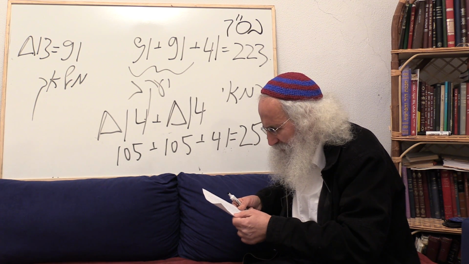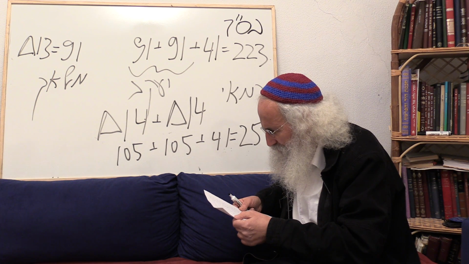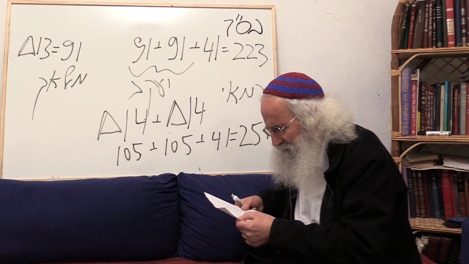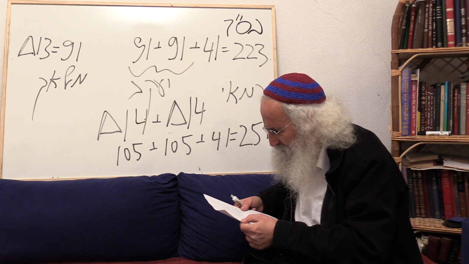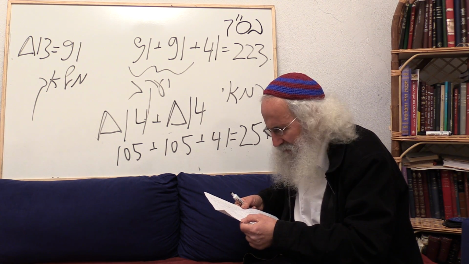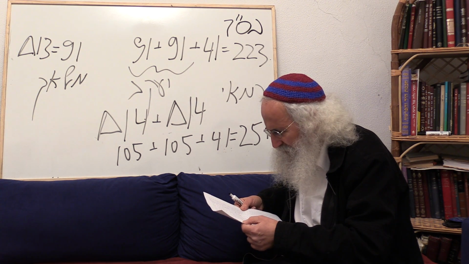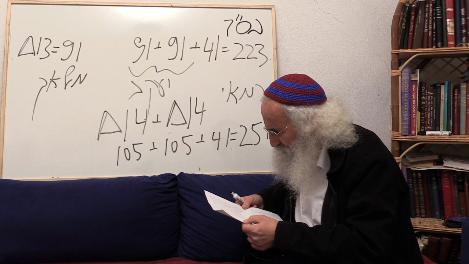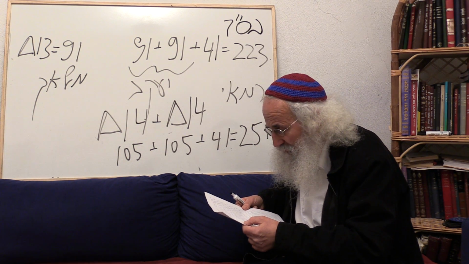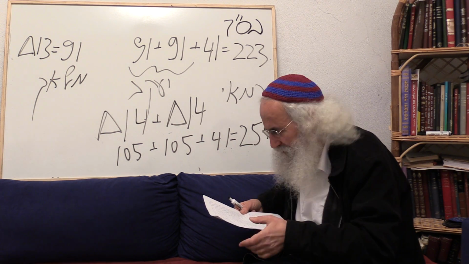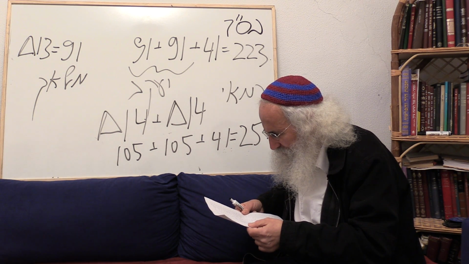So, after Rechavam, we have Aviyah, the number is 313. After that we have Asa, the number is 347. After that is Yoshaphat. Yoshaphat equals Eliyahu plus Mashiach, which has the acronym of Aleph and Mem.